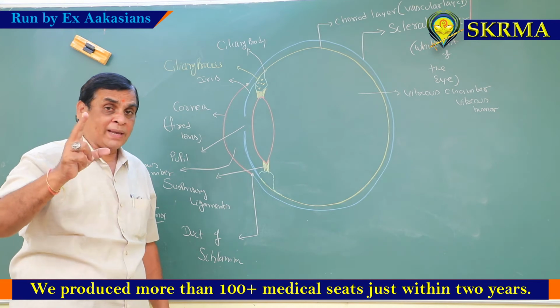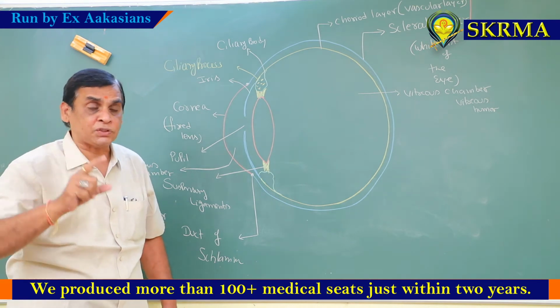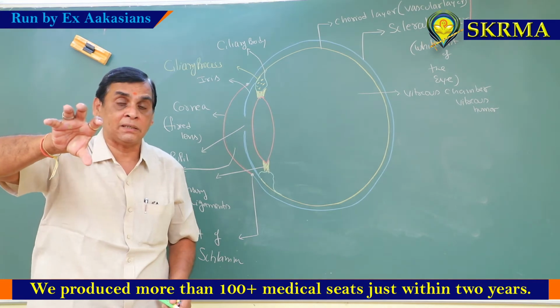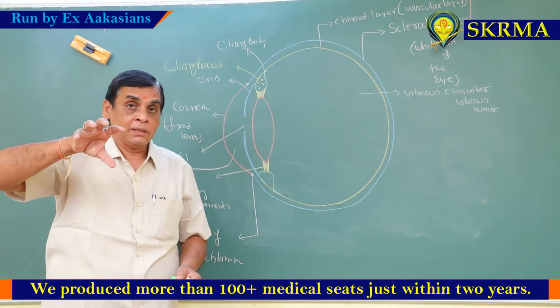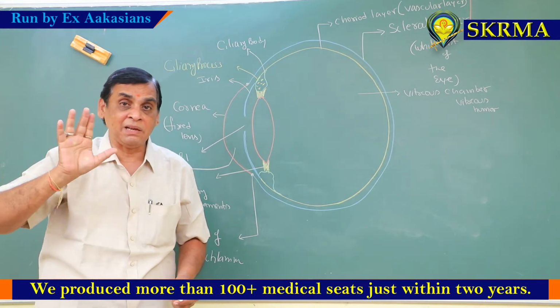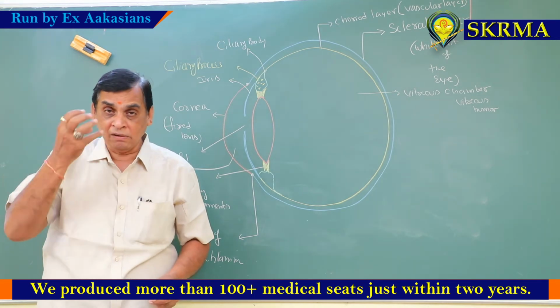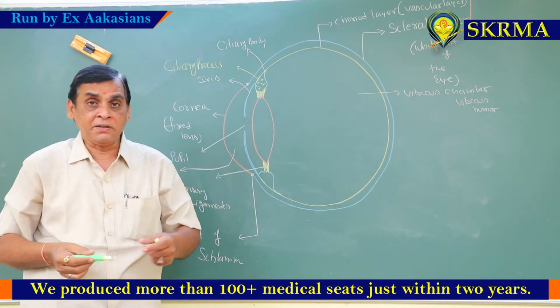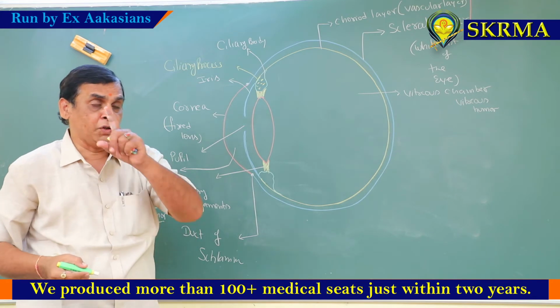One is it gives nutrients, and it gives the intraocular pressure. The atmospheric pressure acts on the eye, so from inside the same pressure should be there. Then only the eyeball can maintain its shape and structure. Intraocular pressure and the nutrients.